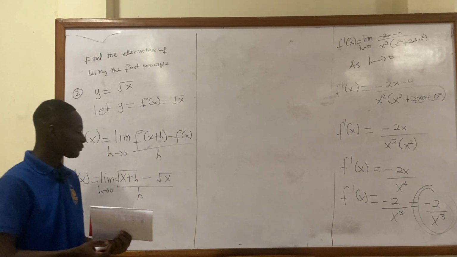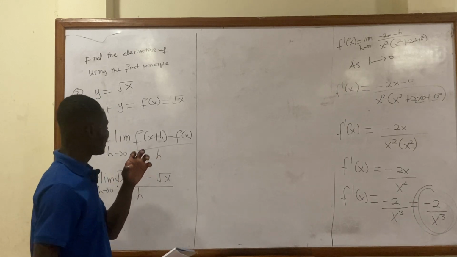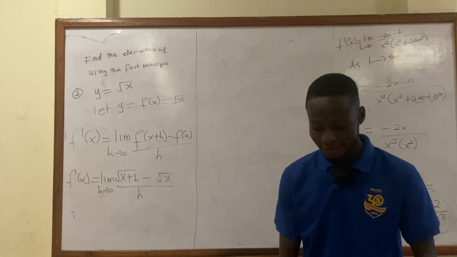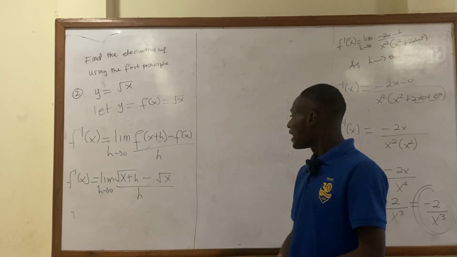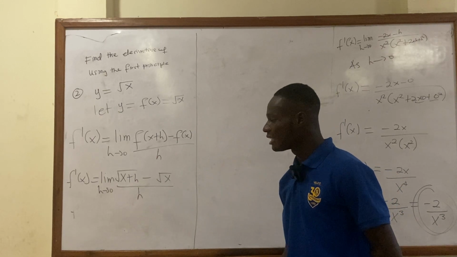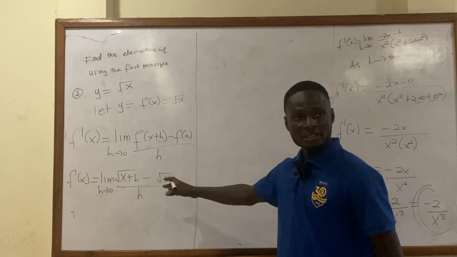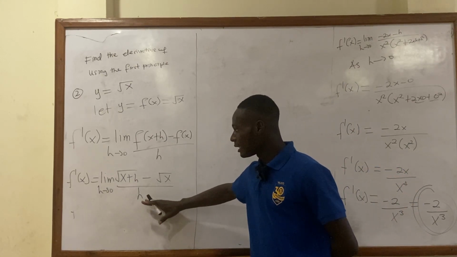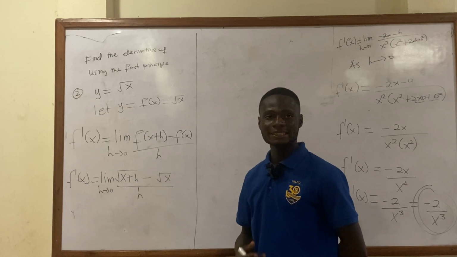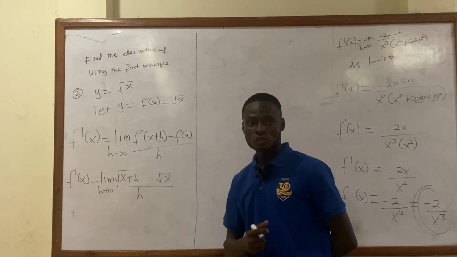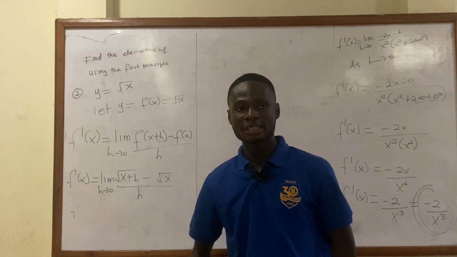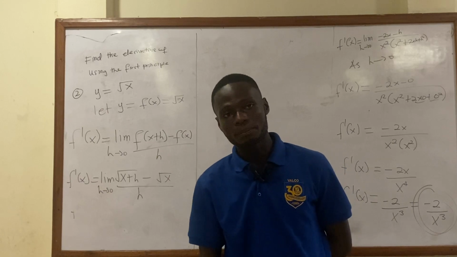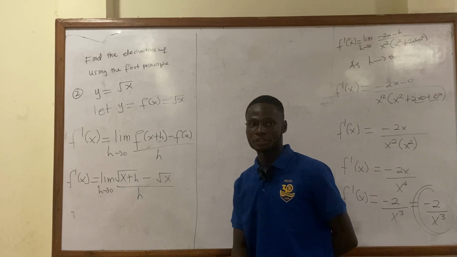So from here, the simplification rule before you substitute in limits: if you try to substitute the value of h directly into this expression, you end up messing up. So first, make sure that this expression is simplified to the simplest form before you substitute the value of h as it approaches 0 into the expression.